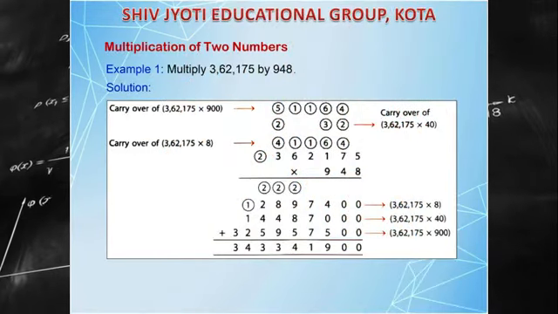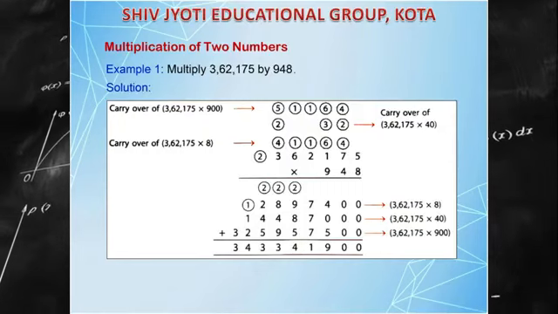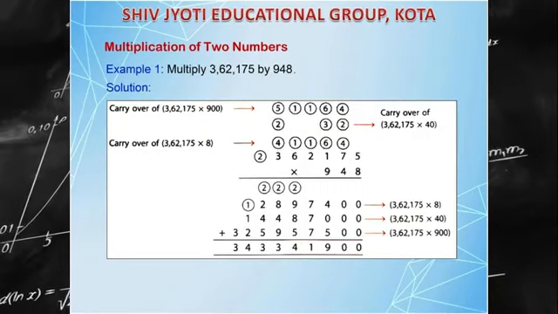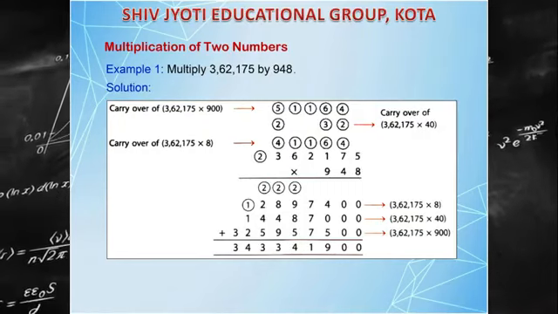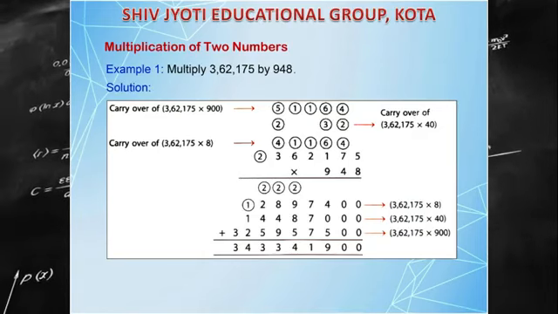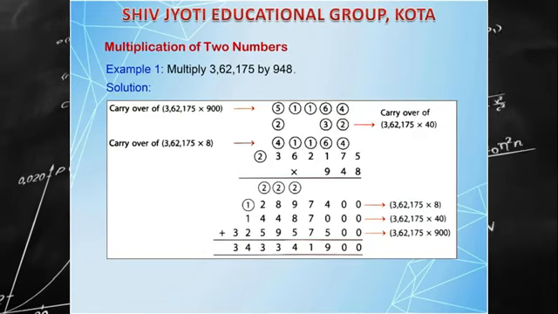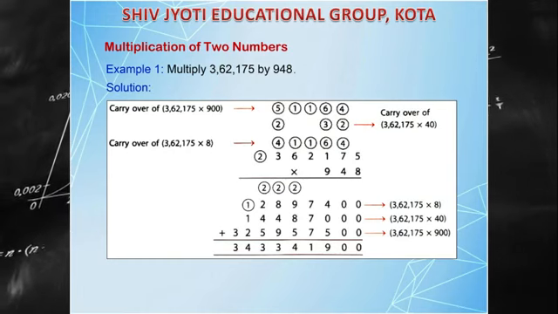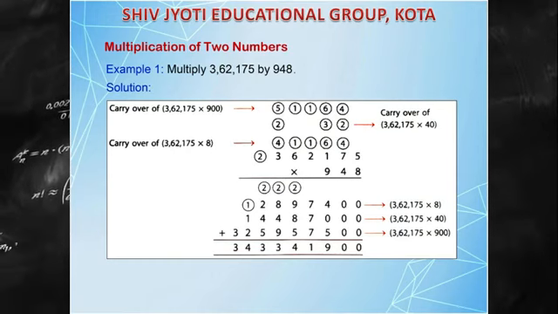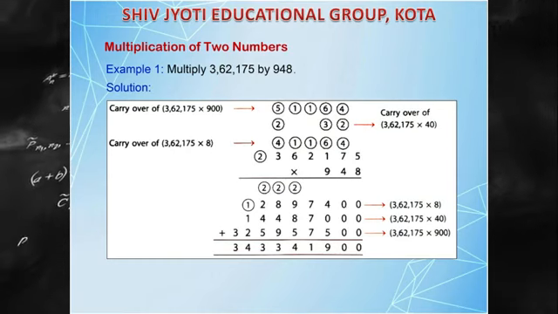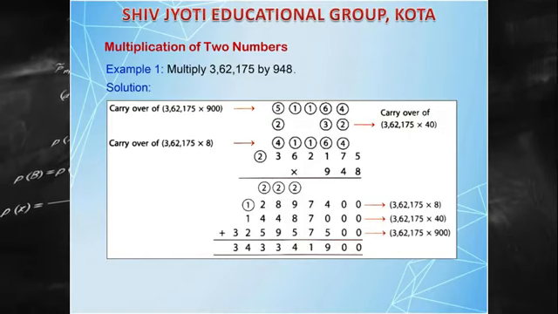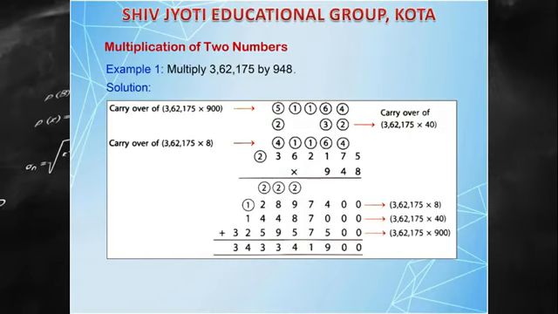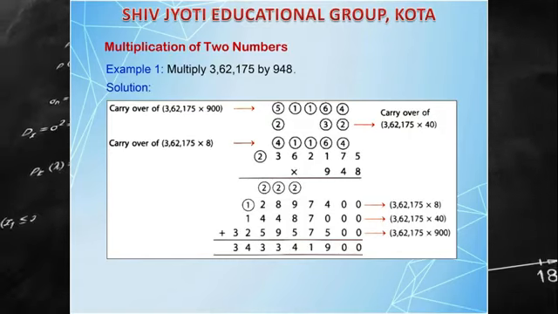Now I am coming to the next topic, multiplication of two numbers. Let us multiply 3,62,175 by 948. Here 3,62,175 is multiplicand and 948 is multiplier. So first we start with the ones place of the multiplier.